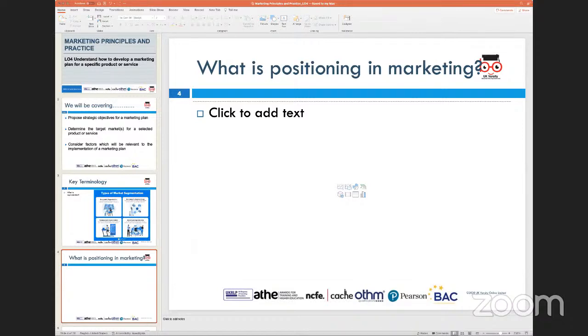So when we talk about positioning, what we are essentially looking at is the company wanting to place their product or their brand within a particular market, where they would make sure that there is a need and a demand for their product which consumers want. And by placing that product in the market at a specific price point or in a specific product category, they are aiming to ensure that consumers are able to buy their products.